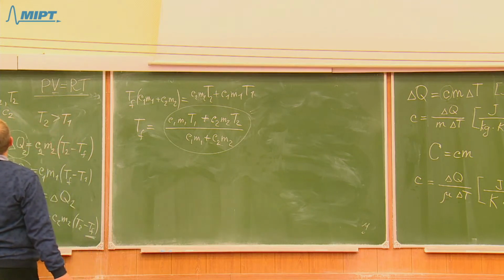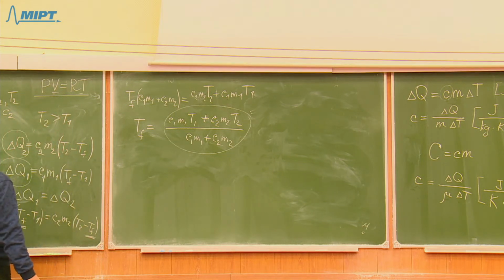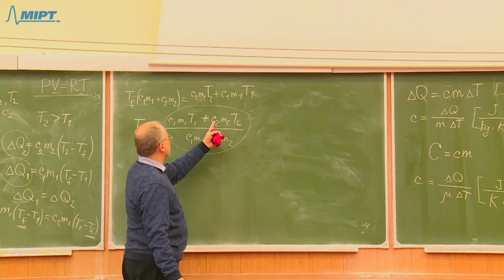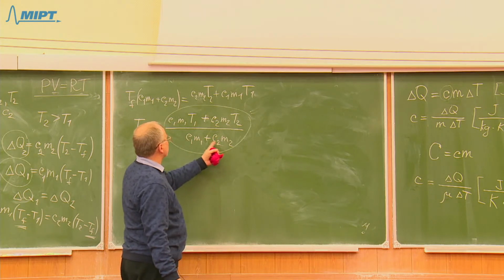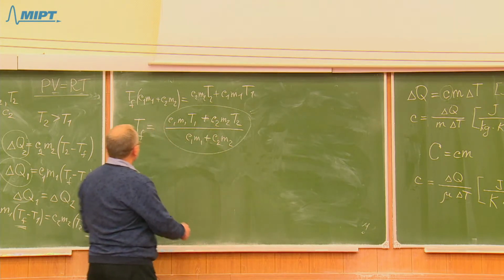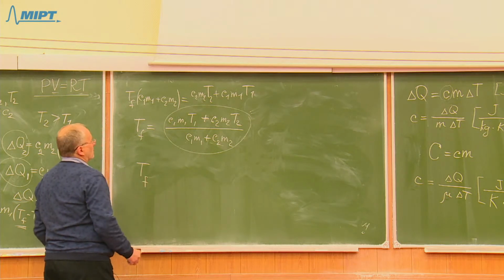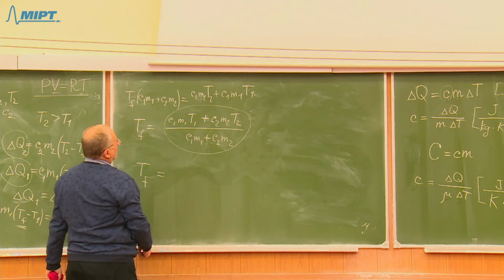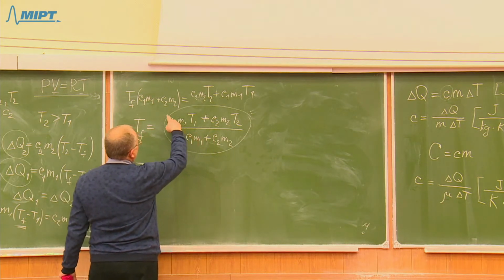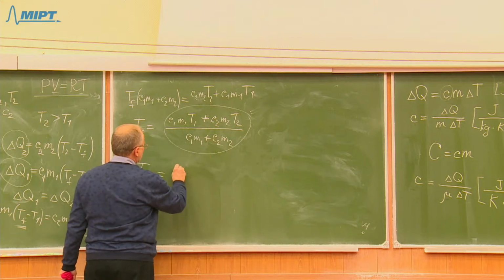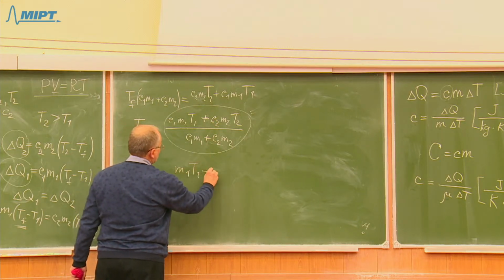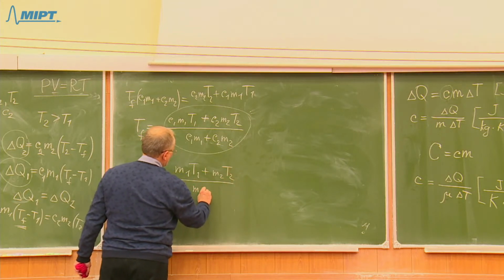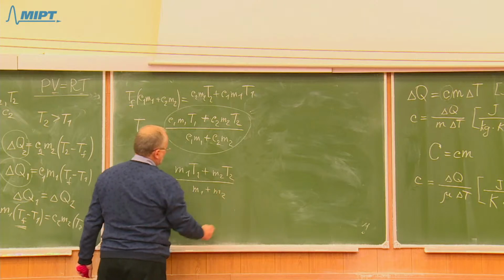So if we take similar liquids, for example, water and water, then heat capacity will be the same. C1 will be equal to C2, and C1 and C2 will be the same coefficient. So in this particular case, when we have similar liquids, the formula will turn into a different expression when heat capacity is cancelled, and we will obtain M1 T1 plus M2 T2 divided by M1 plus M2.